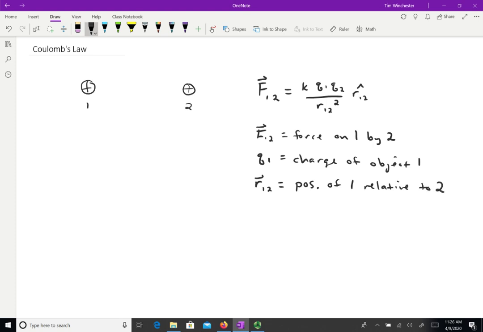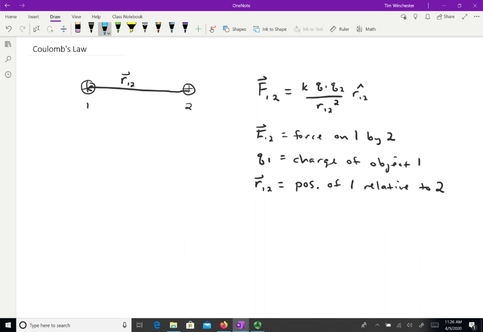Okay, so that's kind of a peculiar notation, possibly. So if I want to express where is 1 relative to 2, then I draw a vector from 2 to 1. Okay, so that's R12, points to the left in this case. And then based on our experience with electrical forces, we expect the two objects to repel.